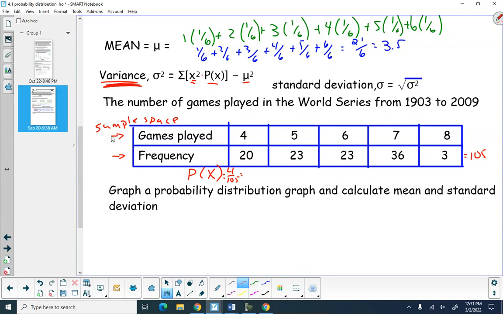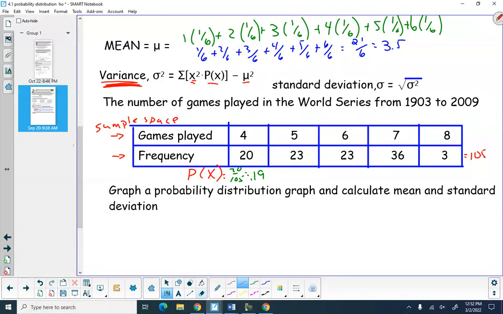I'm sorry, that would be 20 of the 105. So we have a fraction that we can change into a decimal. We take 20 divided by 105. You come down to 0.19. So you had a 19% chance of having 4 games.